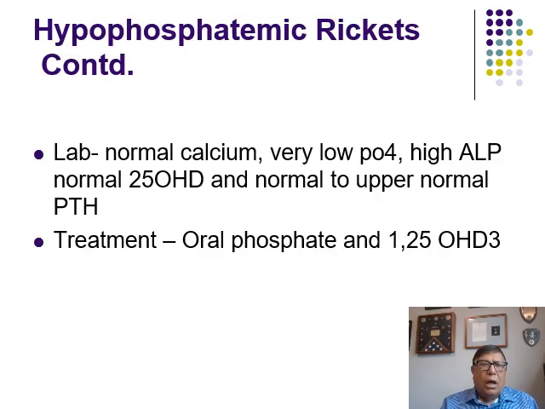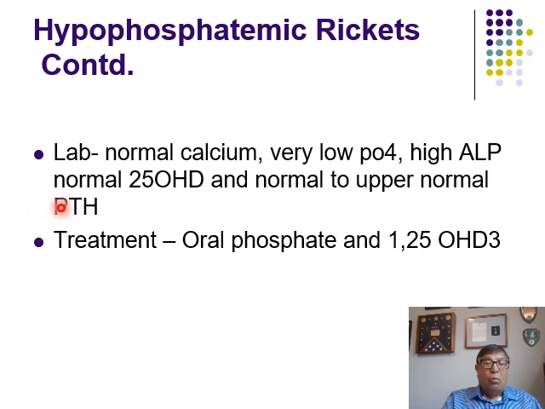So how do you treat them? Lab finding is going to be normal calcium, very low phosphate, but high alkaline phosphatase. As you can see, ALP is high, which is synonymous with rickets. There will be normal 25-hydroxyvitamin D and normal to upper normal parathyroid hormone. So how do you treat?